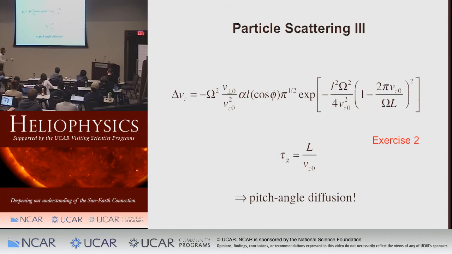So what this process leads you to say is that you expect such a particle to have pitch angle diffusion. I think this is a nice way to see why you get this sort of diffusion in pitch angle.